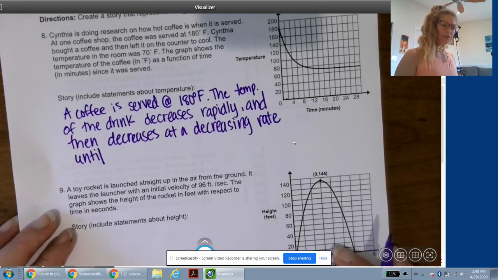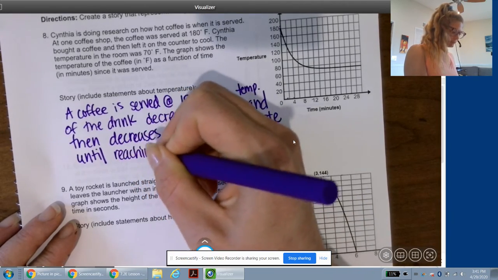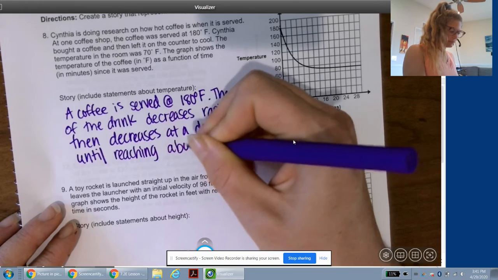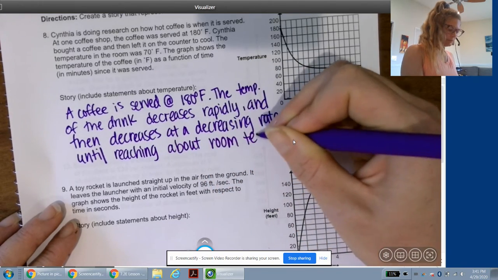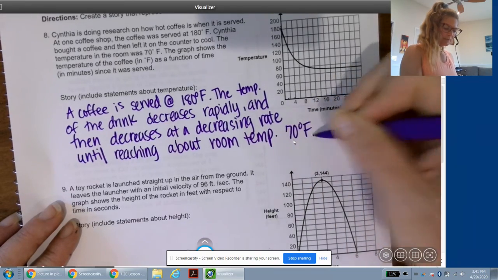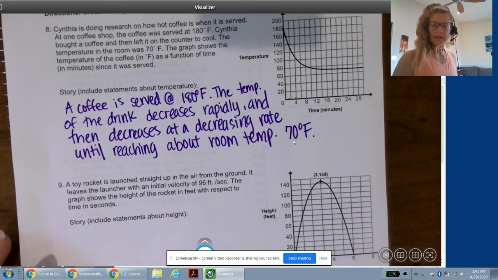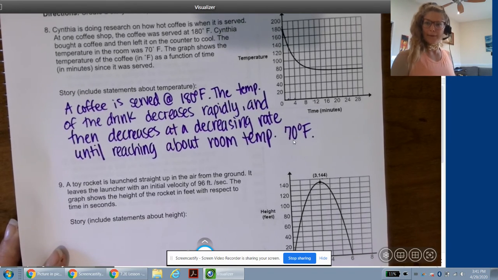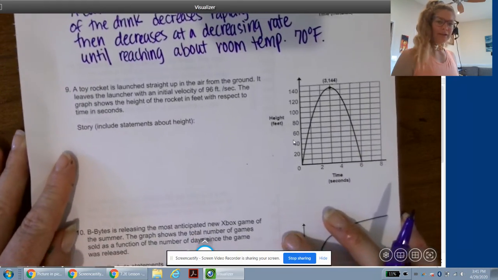So the decreasing rate keeps decreasing until reaching about room temperature, 70 degrees Fahrenheit. Nice, and then it'll stay there. It's not going to continue decreasing and turn into an ice cube just by sitting on the counter. That'd be weird.